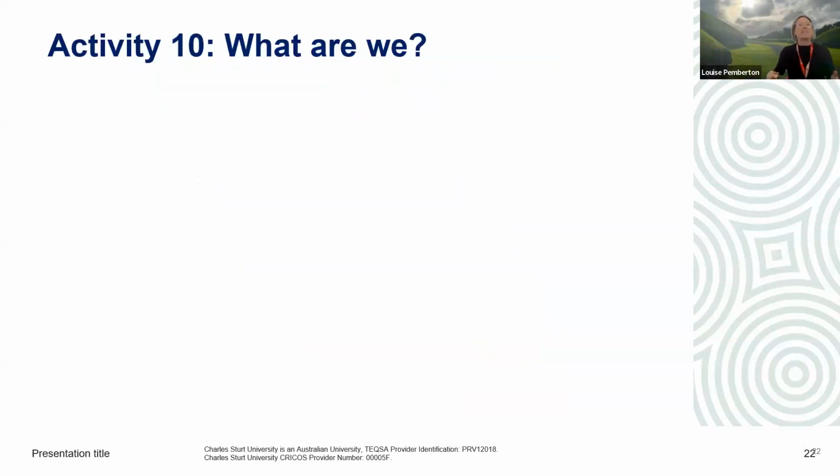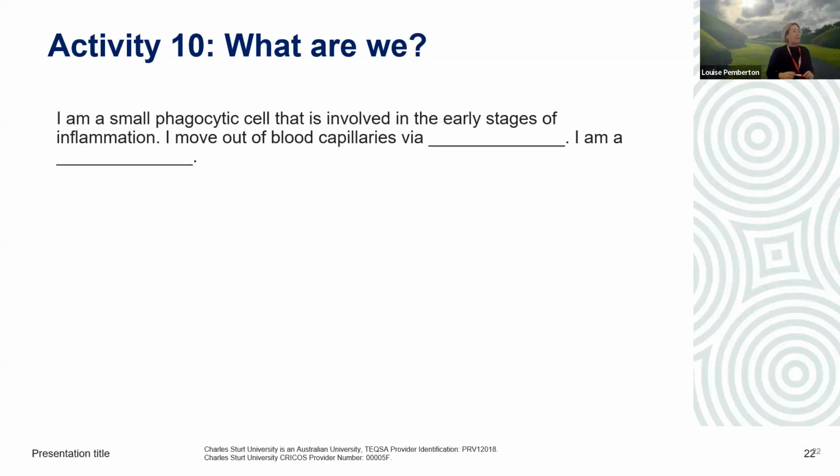Okay, all right. I've got a series of sentences for you. Now, these ones are not going to evolve like the other ones. There's just one statement and you have to tell me what it is. I am a small phagocytic cell that is involved in the early stages of inflammation. I move out of capillaries via diapedesis.